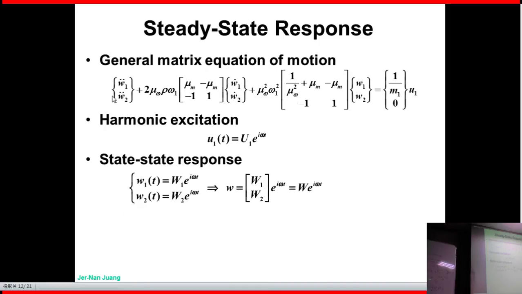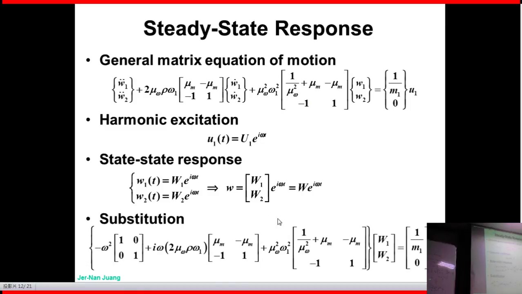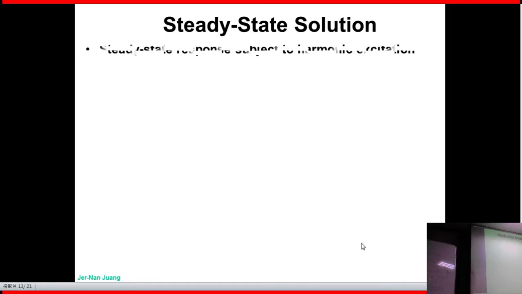And so if we substitute this in there, then we get that. And again, from here, we'll be able to figure out what? We'll be able to figure out our transfer functions and the frequency response functions. So that's why I showed you the frequency response function first, before I talk about the TMD. All right.